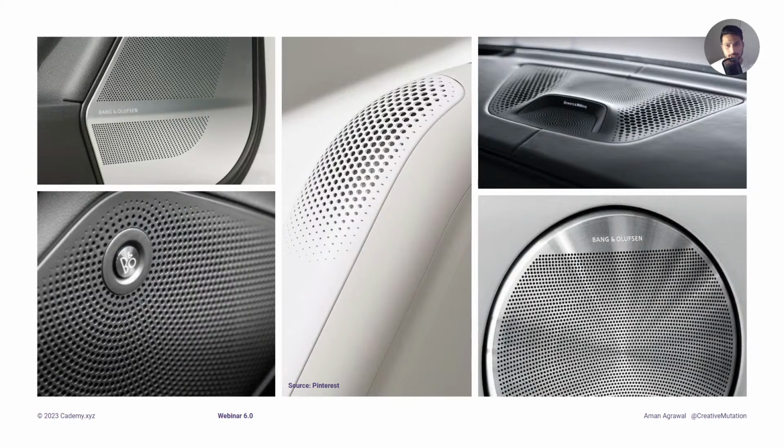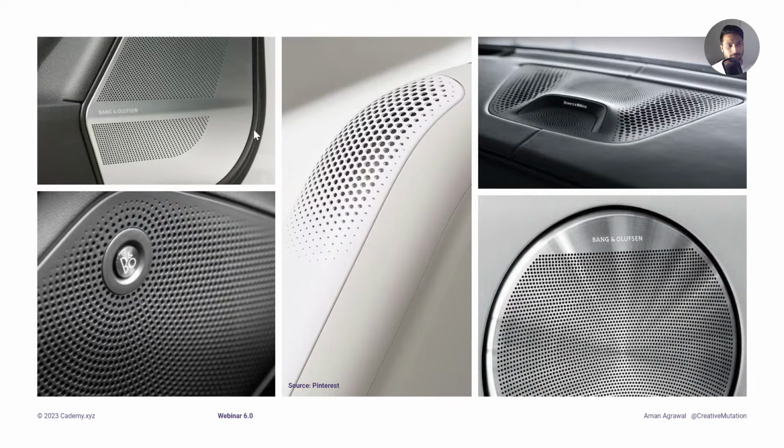Our journey starts by observing these really intricate textures that you can find in any audio products, Bluetooth speakers, or car speakers, and you would notice these really cool perforation textures. I was always curious how these textures could be made, and that is when I saw a couple of examples as well, that these textures can be easily made in Grasshopper.